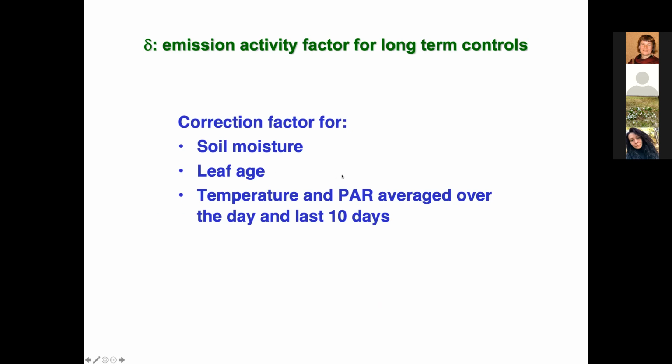Alex Günther and his group found out that how warm it was in the last 10 days has an impact on the emission now. So he put this factor into the MEGAN code, which is now freely available. You can download it and add it to your models to get the emissions. Of course, it's free, but it takes some knowledge to do it.